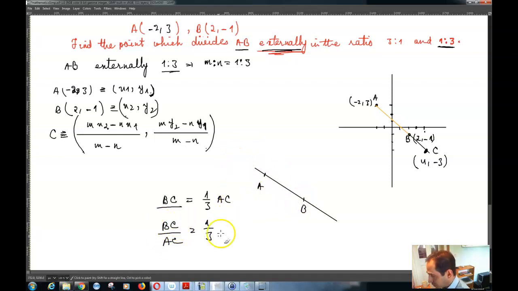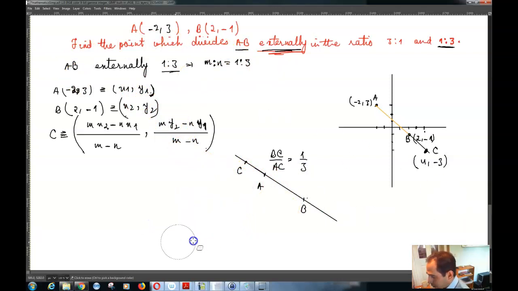Meaning that BC to AC is equal to 1 to 3, and that's basically what happens over here. Meaning that you will get some point over here, and then BC to AC is going to be 1 to 3. That's basically what this means.